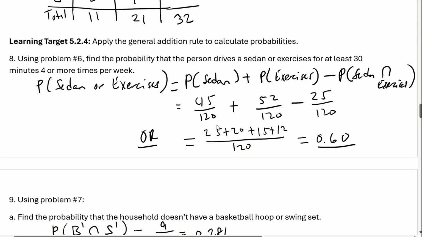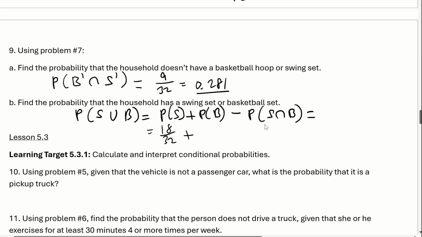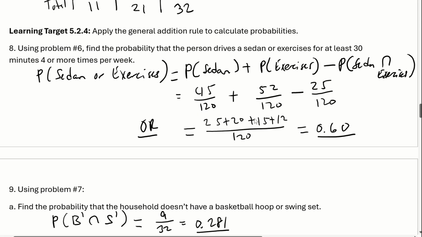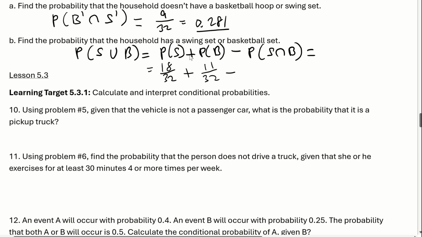The probability of basketball, according to this, 11 have basketball, so 11 out of 32, minus the probability of both, and they said that 6 have both. Then just add them up. That's 29 minus 6, and you get 23 out of 32.